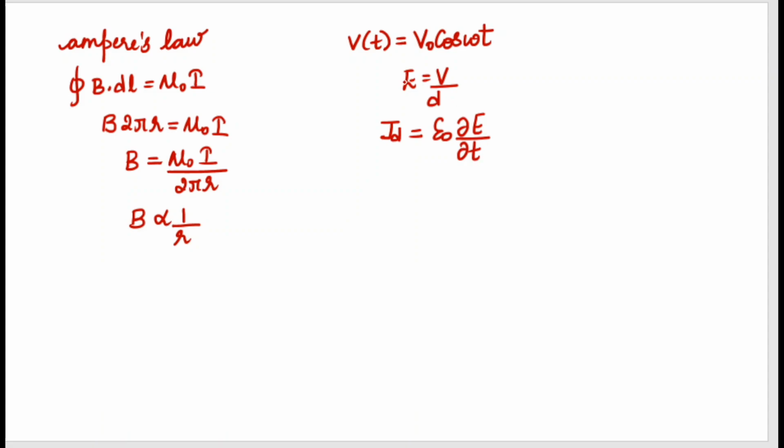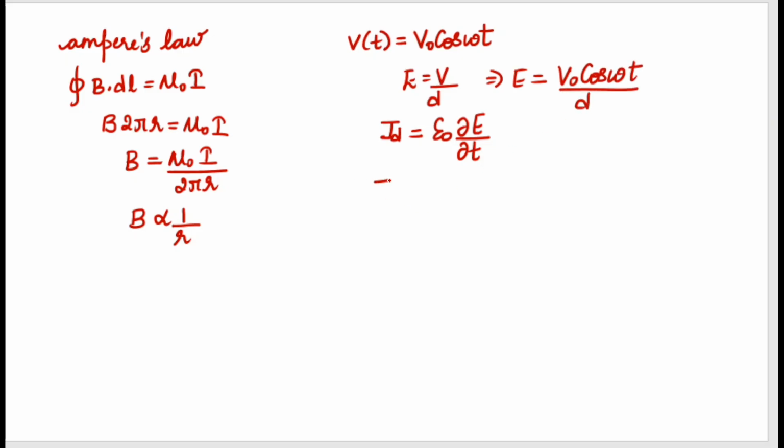Now, I'll take E of t in terms of V of t, because they have not given E, so I need to write E in terms of V. So I'll get E equal to V naught cos of omega t divided by d. Yes.